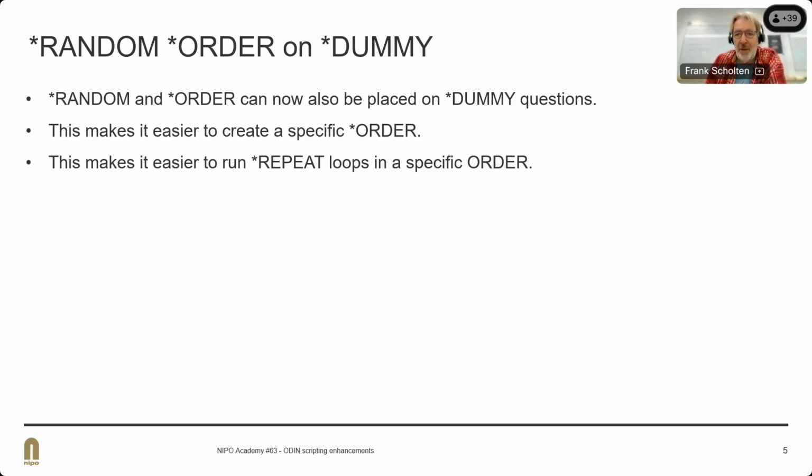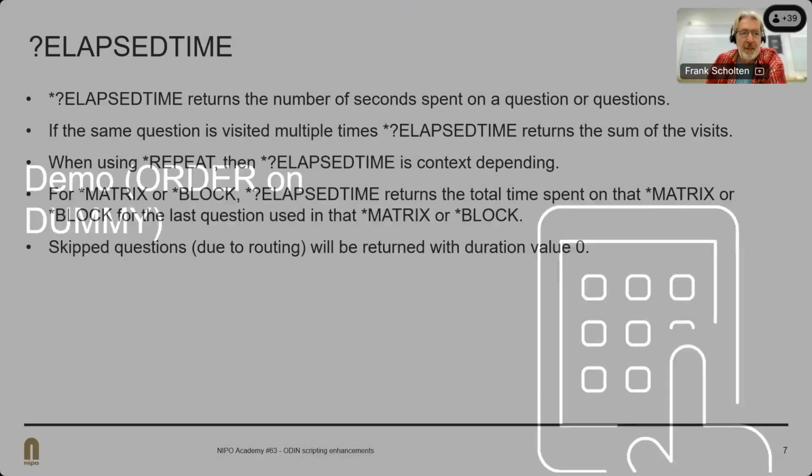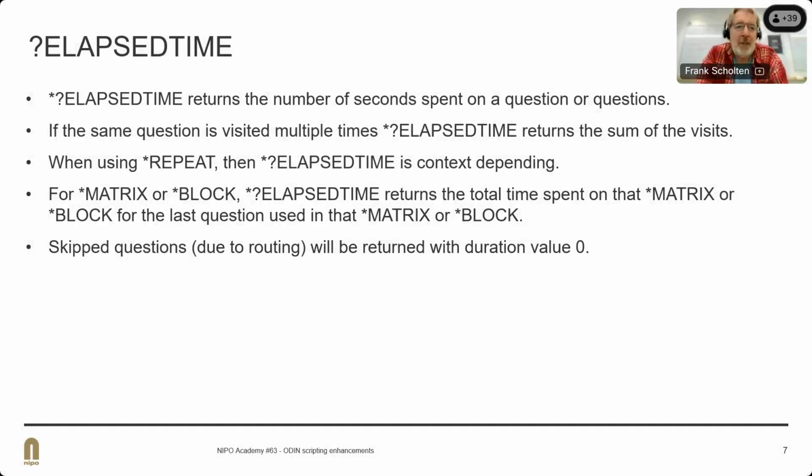We did the demo on this one. So now the timings. We created a new command, which is elapsed time. Elapsed time, or rather function. Elapsed time returns the number of seconds spent on a question or questions. If that question is visited multiple times, the elapsed time will return the sum of all of those visits.